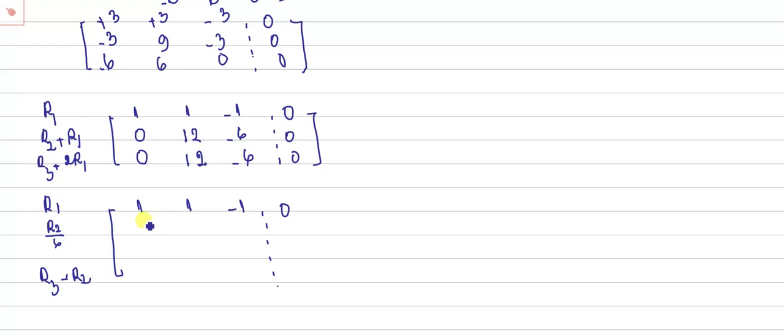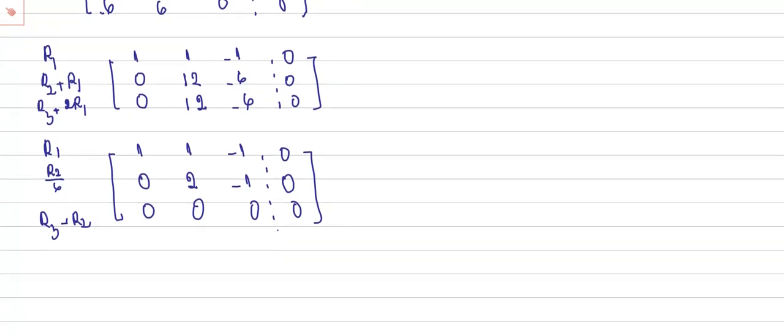This one is 0, 2, minus 1 and 0. This one is 0, 0, 0 and 0. So the equation 3 has infinite solutions. So we just write only equation 2 and equation 1.